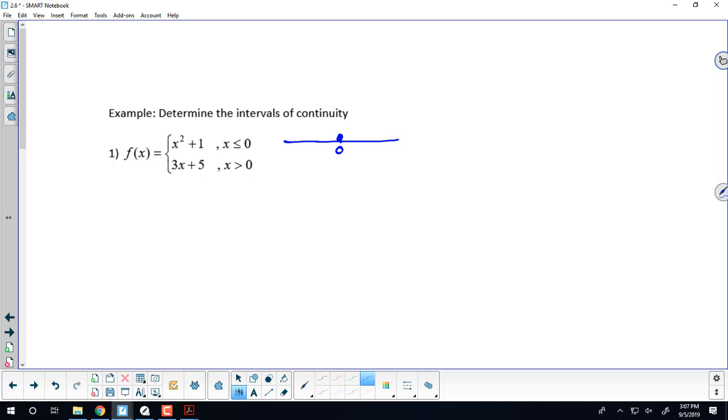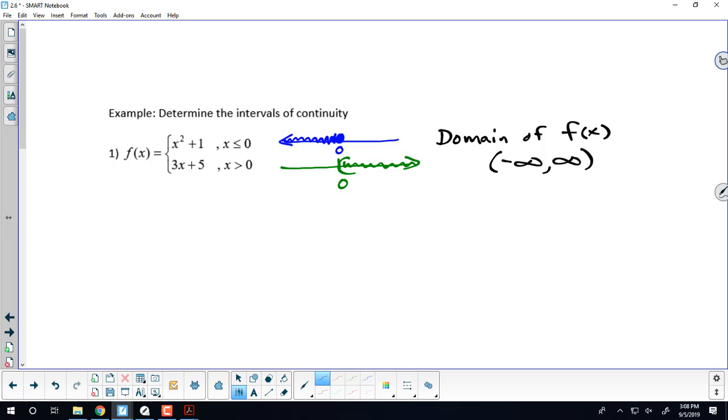This piece is defined at 0 and everything smaller than 0, and our bottom piece is for everything larger than 0. So first of all, what is the domain of the function? The domain of this function is all real numbers.